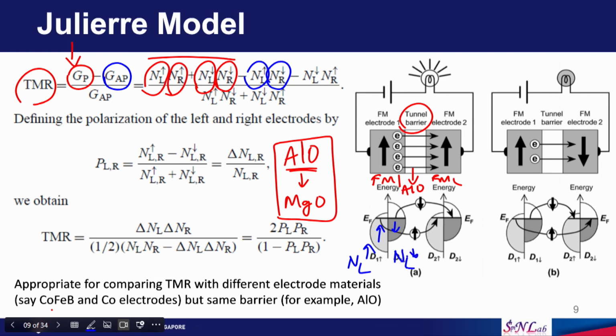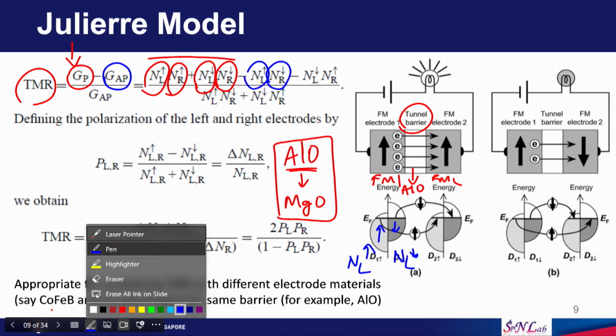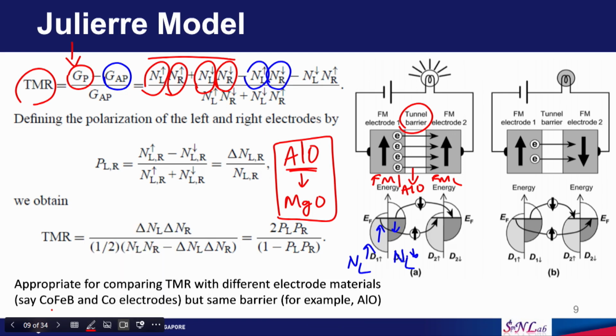Okay, so this is the terminology. The electrons going from this side to this side, or this side to the other side, we include all the terms there. So that gives rise to the TMR.